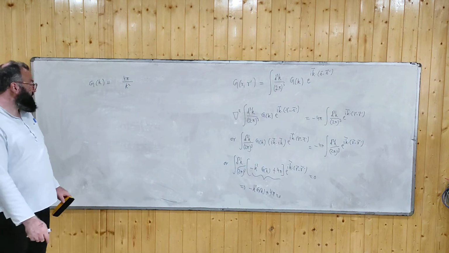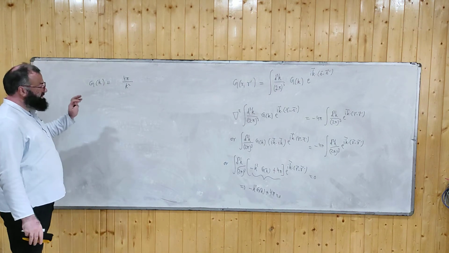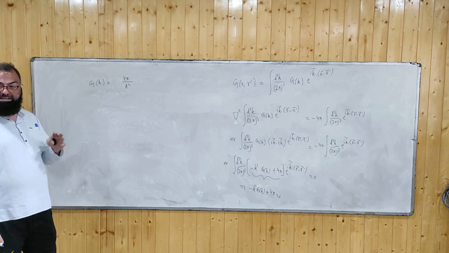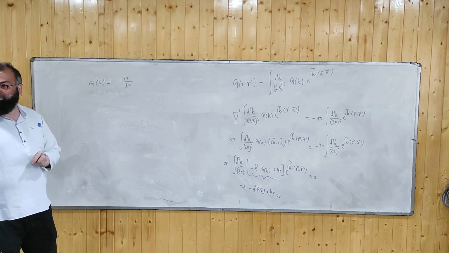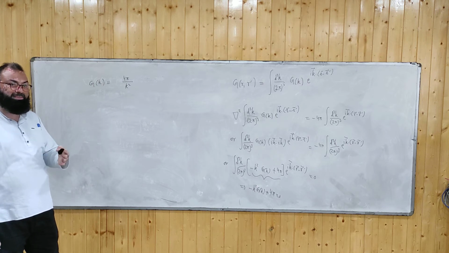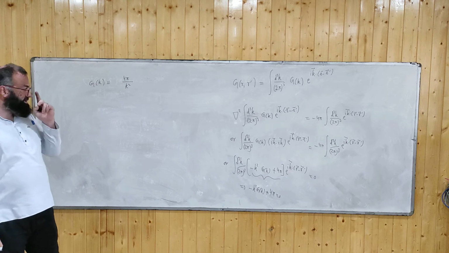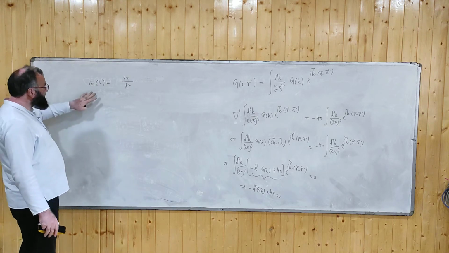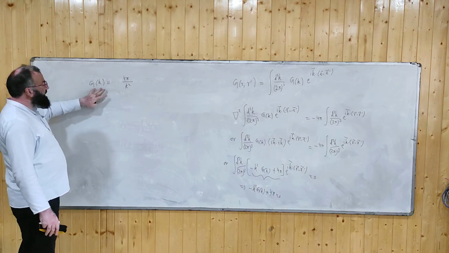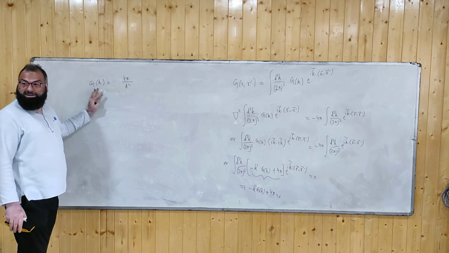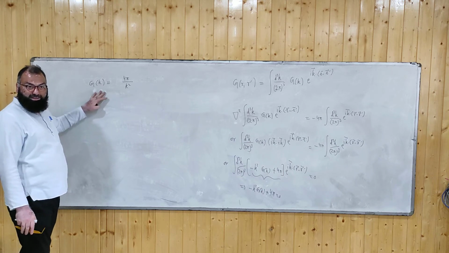Yesterday I told you Green's functions in physical situations represent propagators. They are simply the transition amplitudes for a particle going from one point to another point. So you can think of this as the propagator for the Coulomb potential. Clear?